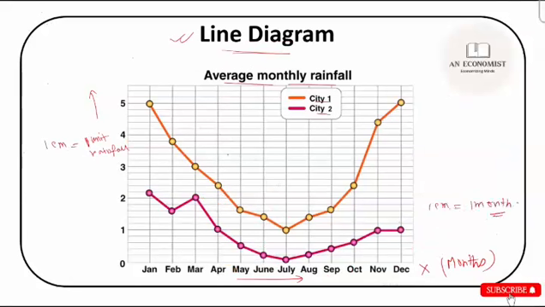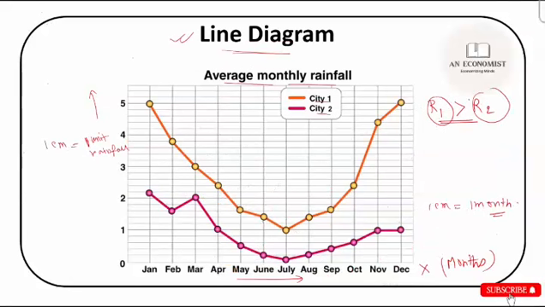Here you can clearly see just by looking at the diagram that city 1 has strictly higher rainfall than city 2 in all the 12 months, right? City 1 experiences higher rainfall in all 12 months.